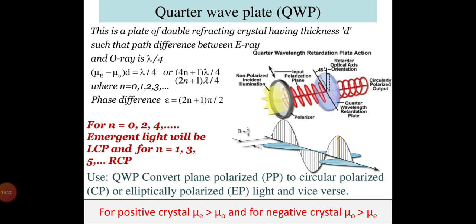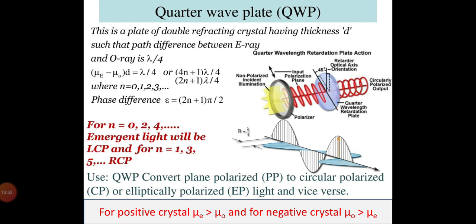So if a beam of plane polarized light having wavelength lambda is incident normally on such a plate, then it is broken up into two components, E component and O component. Both these components will move, but with different velocities. If we talk about the positive crystal, then the refractive index of the extraordinary ray will be greater than that of the ordinary ray.